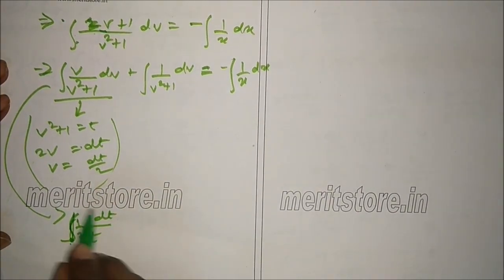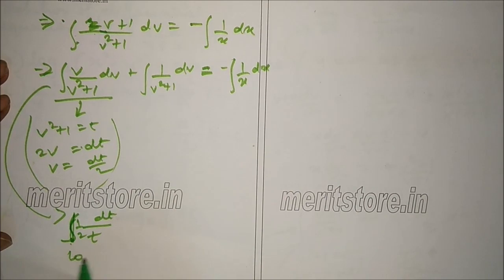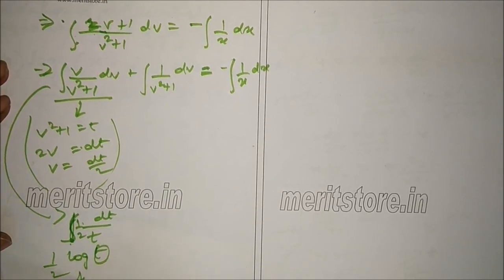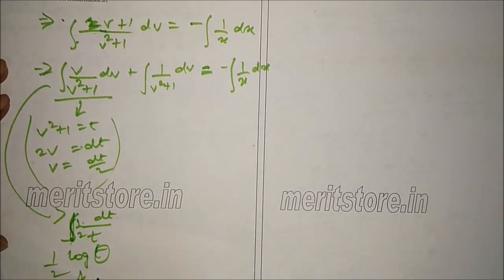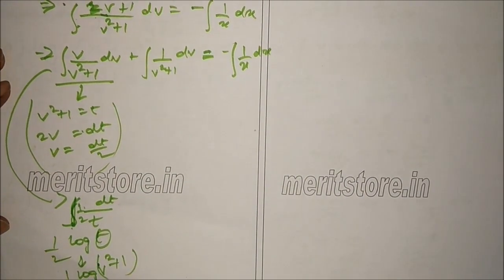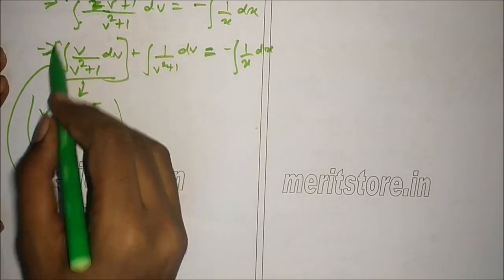So integration of 1 by t is log t plus a constant. But t is v square plus 1, so this will be half log of v square plus 1. So we simplified this term.